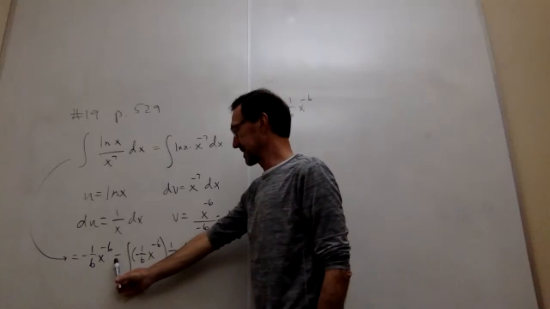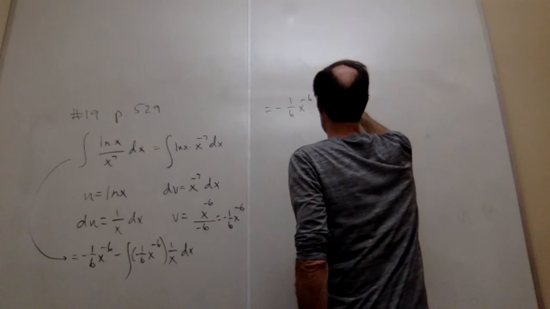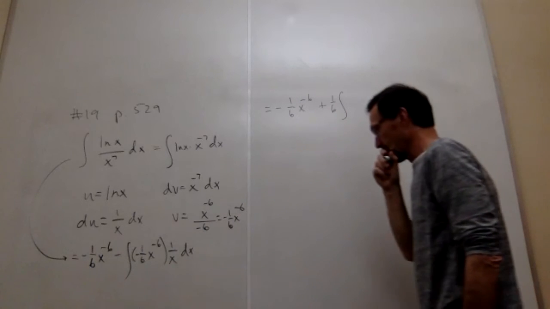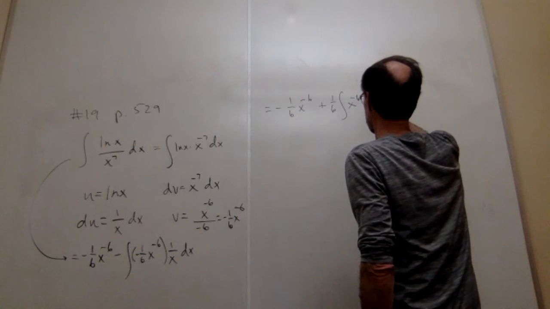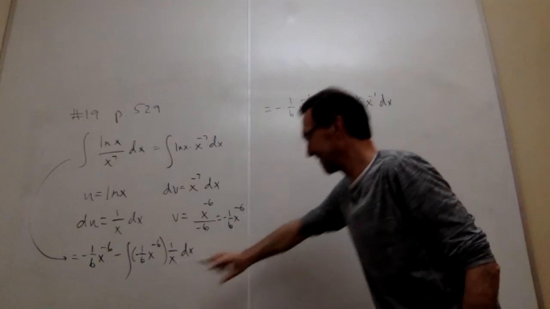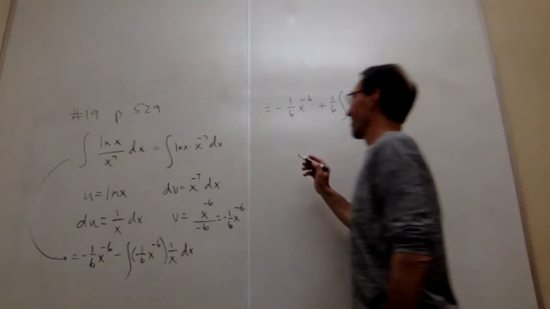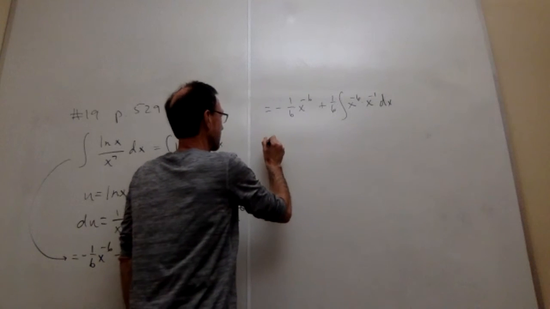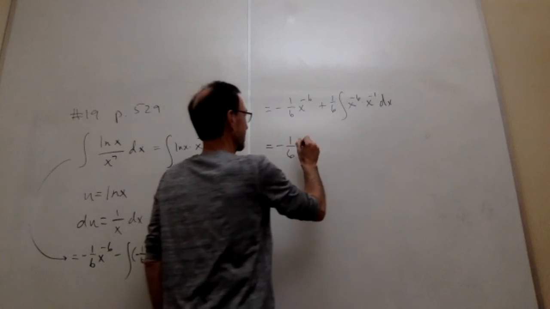Take the minus 1/6 out, so it turns into plus 1/6. And then I have x to the minus 6 times x to the minus 1, right? 1 over x. I'm going to work this one out, Thomas, and then I'll pause the video. And then if you have questions, we'll talk about it.